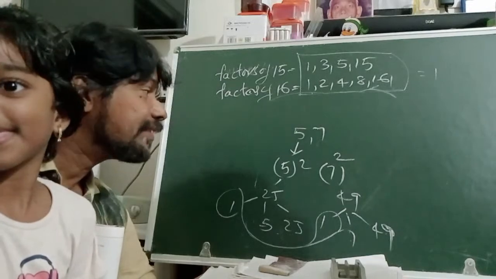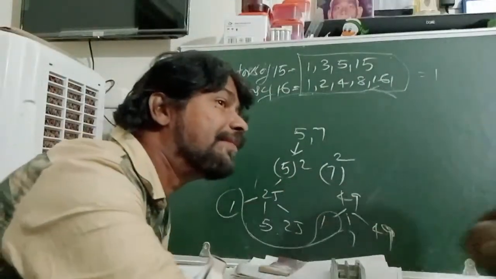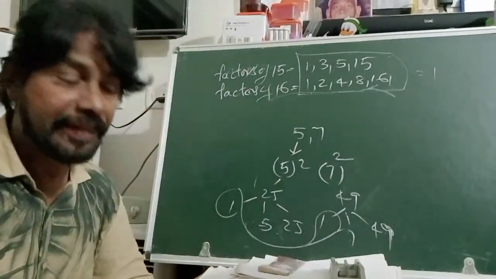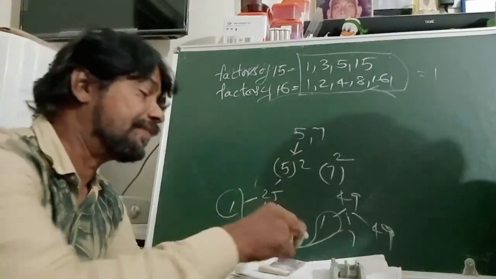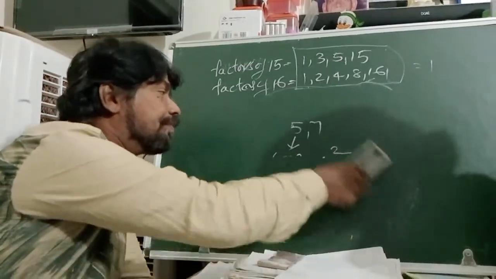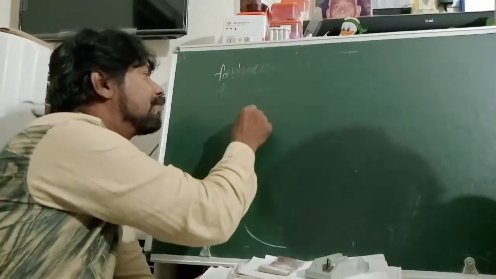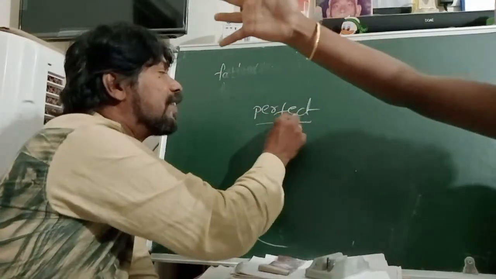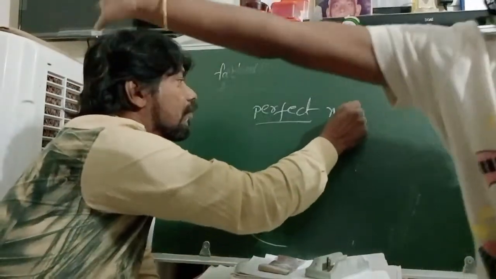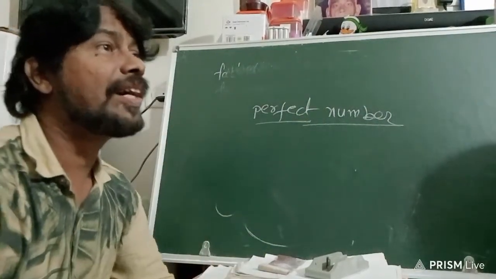These are the some of the properties of prime numbers. Next one, perfect number. What is a perfect number? Very important. All these are very fundamental, useful for when series come. What is a perfect number?